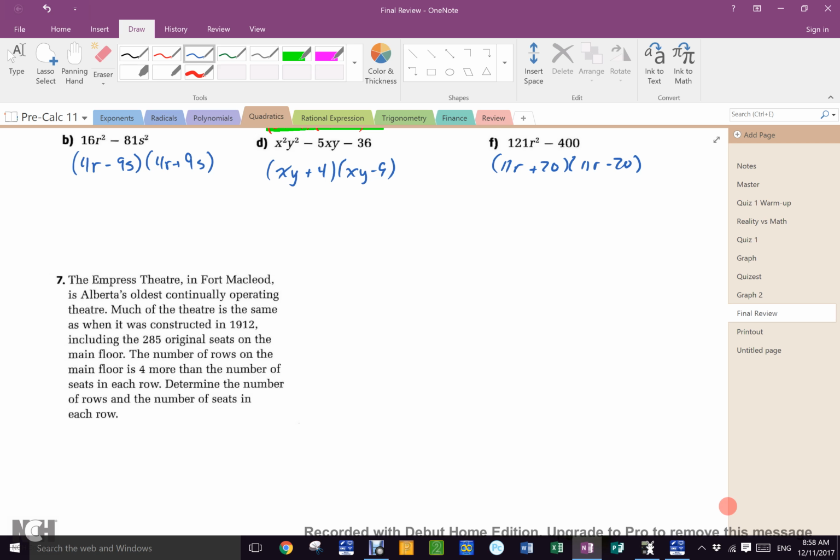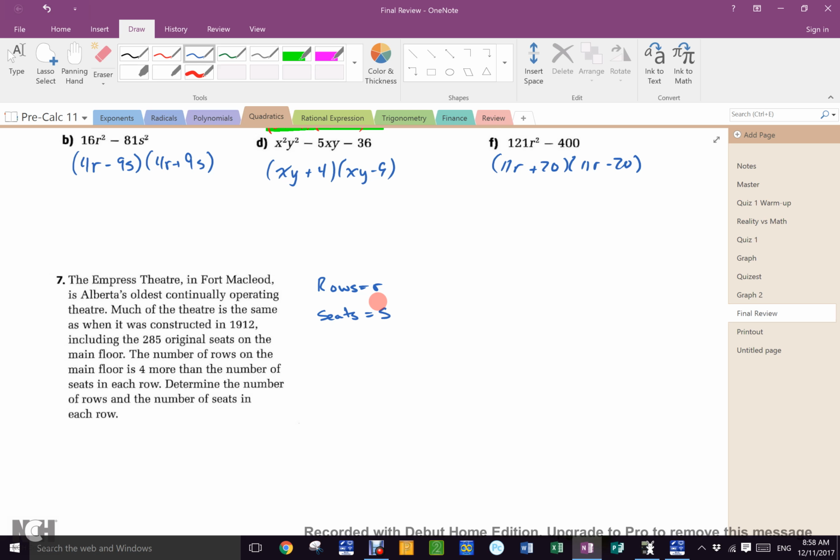I don't know how many seats in a row, and I don't know how many rows, right? So is it all right to say rows equal R and seats equal S? Is everybody okay there? Now, if I have 2 different variables, can I solve it? No. So this is not okay, but I know something about the seats, don't I?